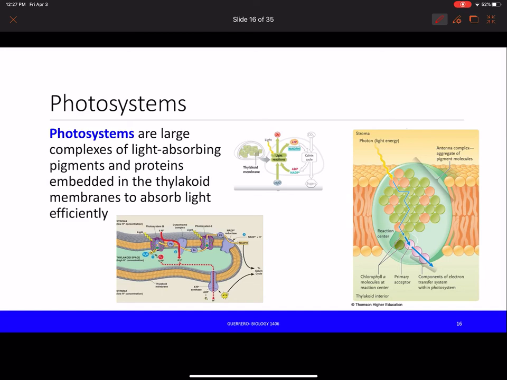So a photosystem is a large complex of light-absorbing pigments and proteins. And it's found in the thylakoid membrane, okay, which is why the light-dependent reactions happen in the thylakoid. The job of the photosystem is to absorb light and get it to where it needs to be. It increases how efficiently photosynthesis can happen. So your photosystem influences the efficiency of photosynthesis.